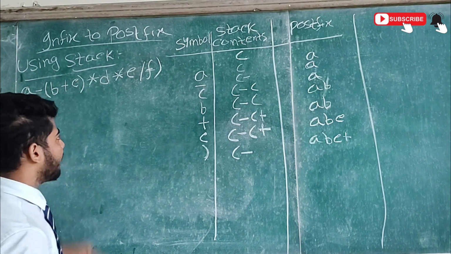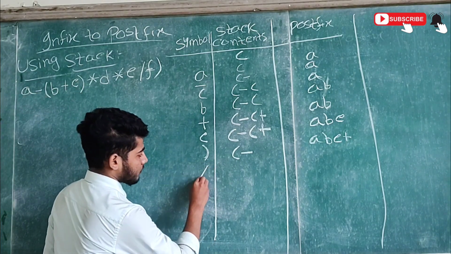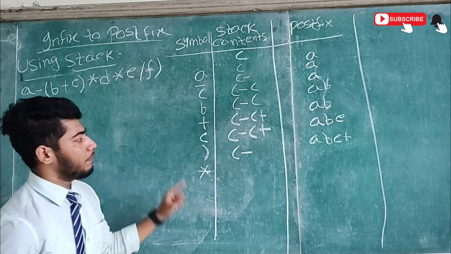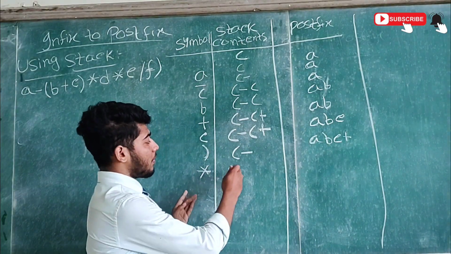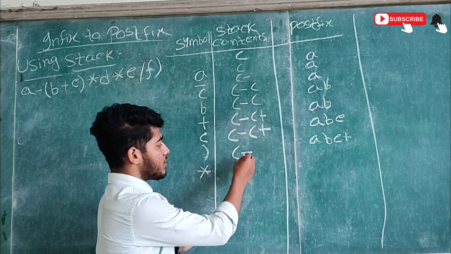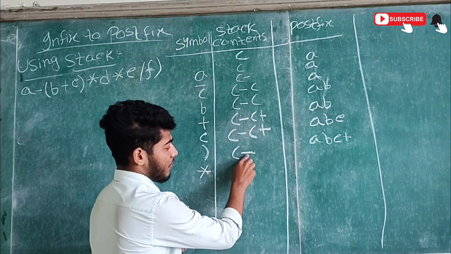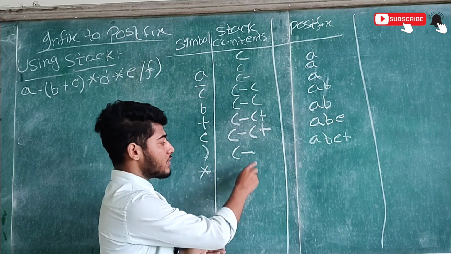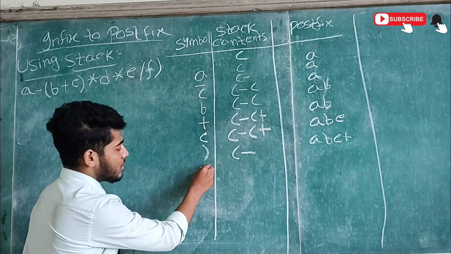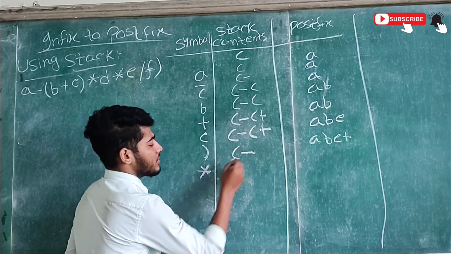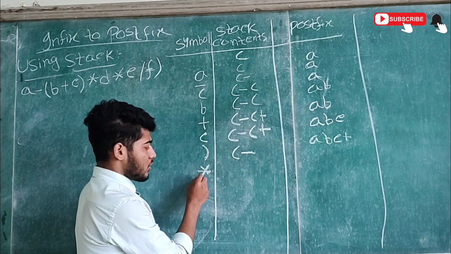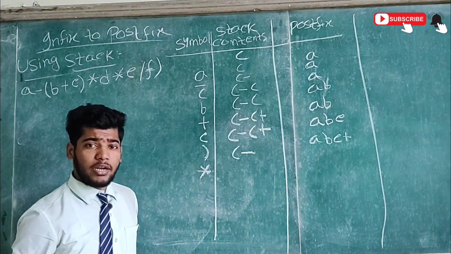Next is multiply. If the symbol is an operator, then check the precedence of the top operator. The top operator from the stack is minus, and the scanned symbol is multiply. Is the precedence of the top operator greater than or equal to the precedence of the scanned operator?